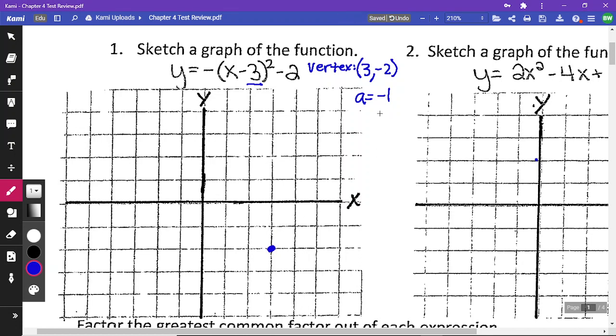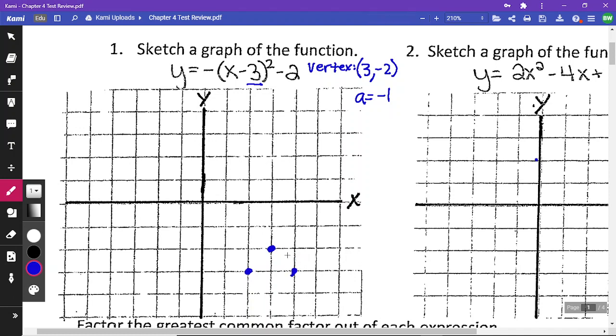Because a is negative 1, we're going to go down 1. We go over to the left 1 and down 1, which gets us to right there. We go to the right 1 and down 1, which gets us to right there.